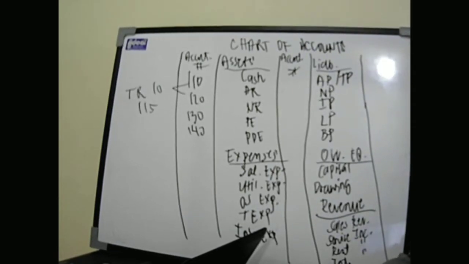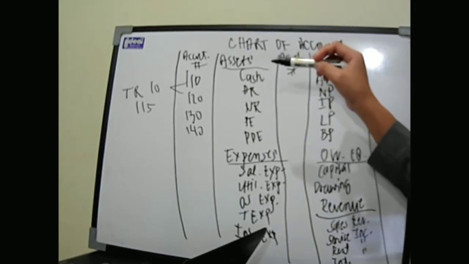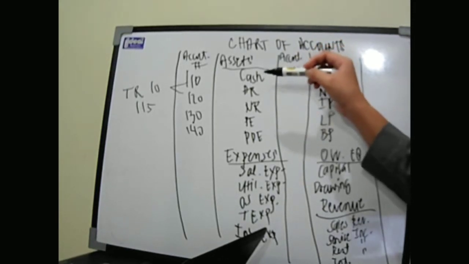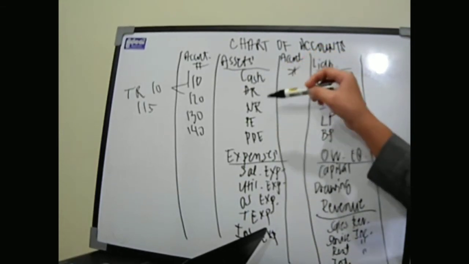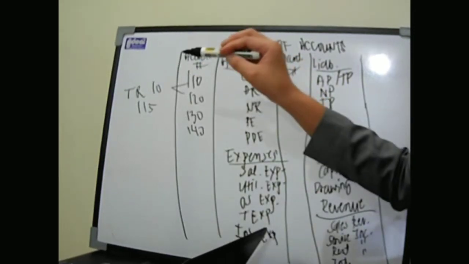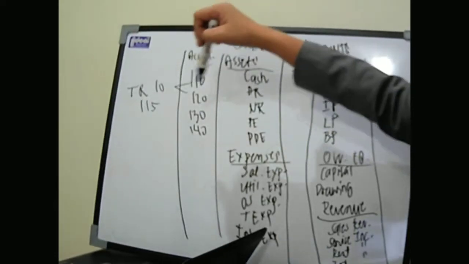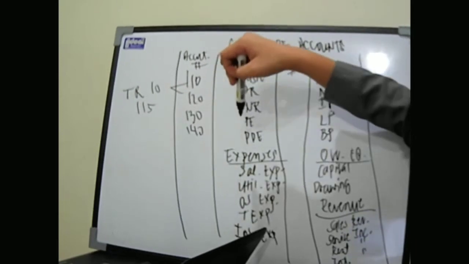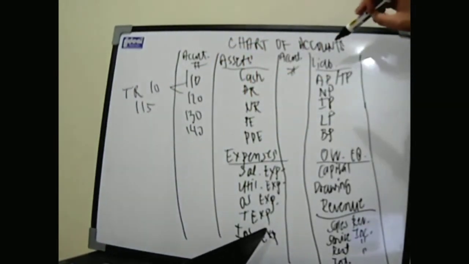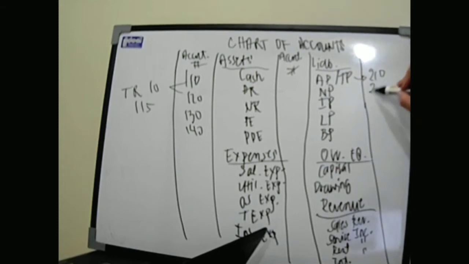allowance for new accounts. Kasi nga, di ba, yung listing natin ng accounts is sometimes based sa liquidity, sa most current na account. So, since si trade is liquid yan, current yan, dito natin siya ipapasok sa bandang taas ni cash and the accounts receivable, hindi sa baba ni property, plant, and equipment. The same goes for liabilities, no? Meron din niya mga certain allowances, for example, 210, 220.